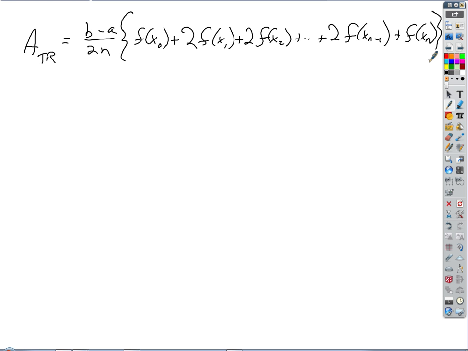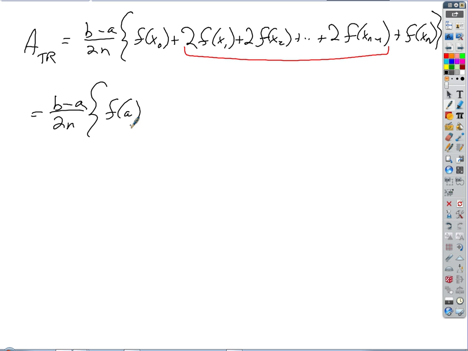Okay, I like to write it a little differently. I like to partition this part off as an interior sum, right? So if you do that, you could write it as b minus a over 2n times f of a, right? Plus 2 times the sum, that's a terrible sum sign, I've got to do better than that, the sum of f of x sub i as i goes from 1 to n minus 1, right?